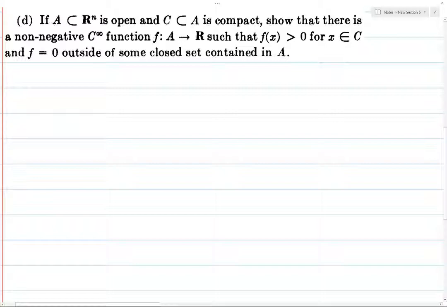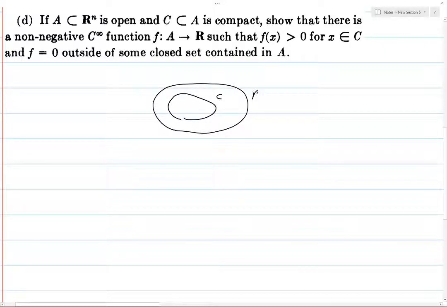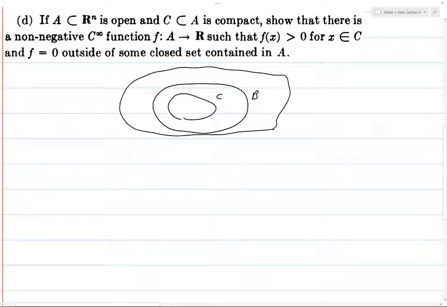So we have a compact set C, and then outside of it, we're going to have a closed set B, and this is all going to be contained in some open set A. So A is open, B is closed, and C is compact. And what we're going to do is find a function which is strictly positive on C and strictly zero outside of B.